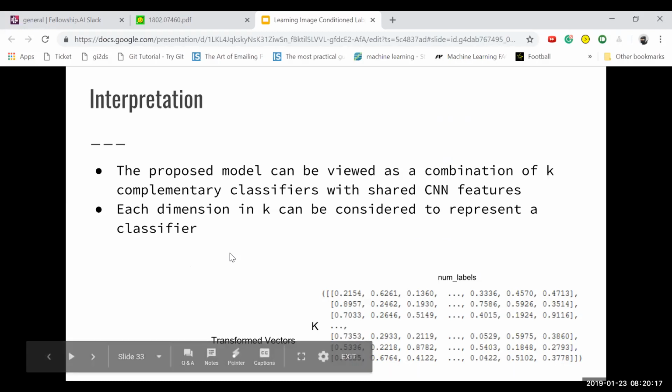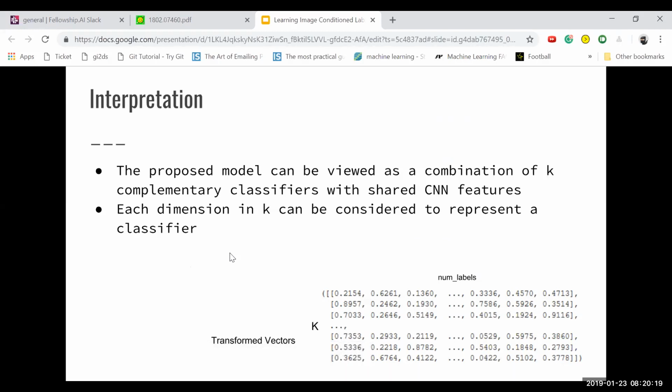Each column vector represents a label in k dimensions. Each row represents a particular dimension in k, which has different values for different labels and can be viewed as the output of a unique classifier. So you can take the top 3 or top 5 predictions per classifier and aggregate the results.